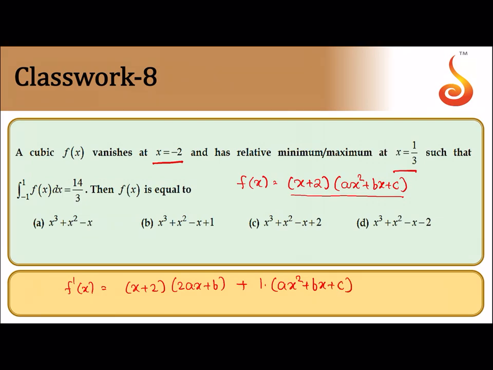Now, what is f dash x? f dash x you get as (x plus 2) into (2ax plus b) plus 1 into (ax square plus bx plus c). This is f dash x. This is equal to 0 at the maximum and minimum at x equal to 1 by 3.